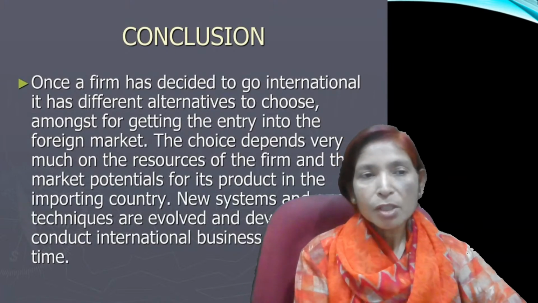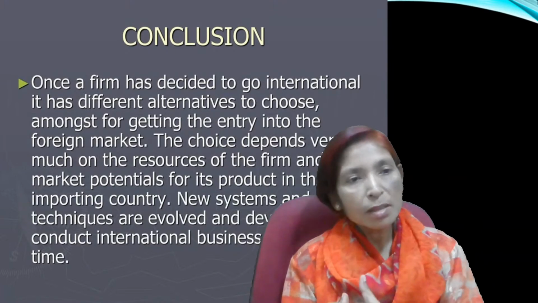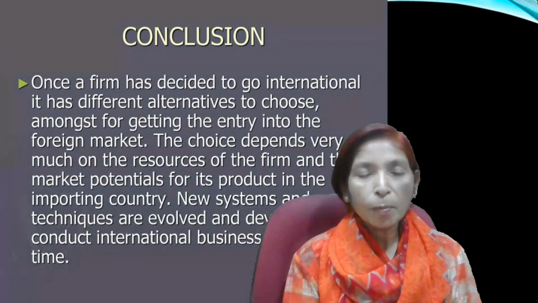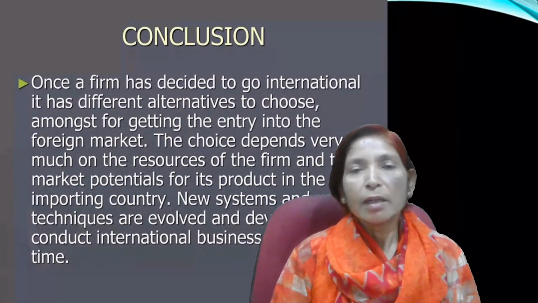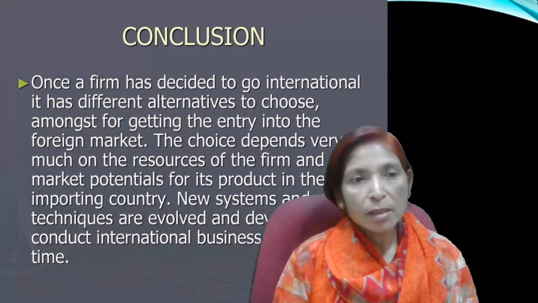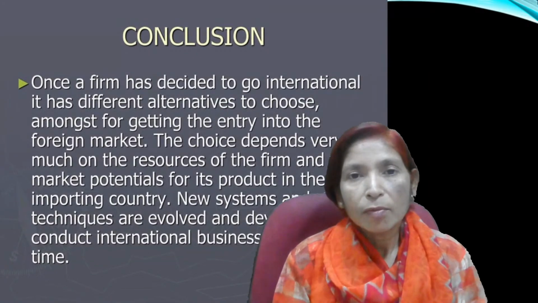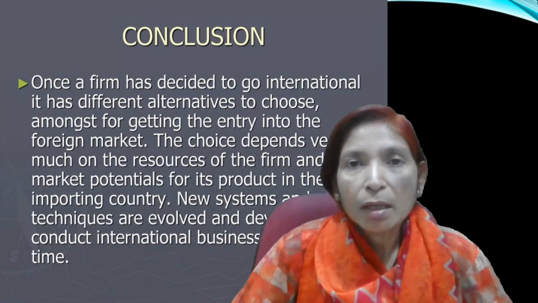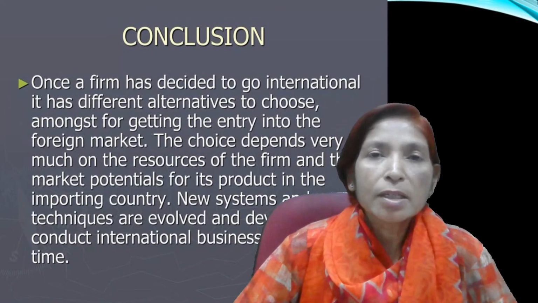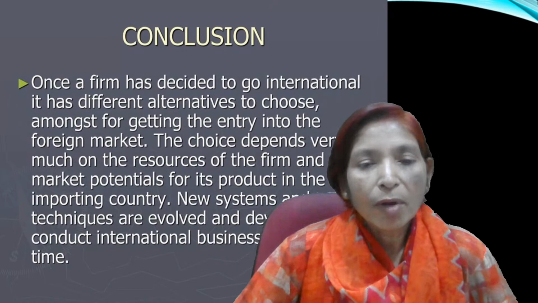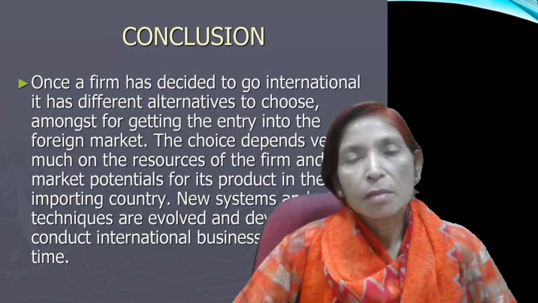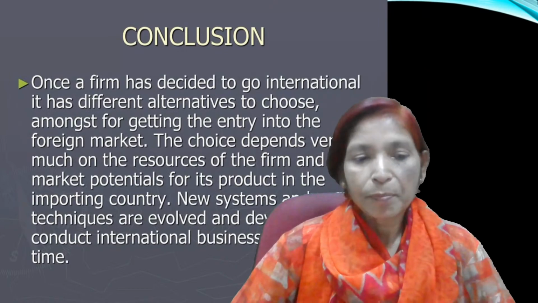So, in this session, we have completed all these topics, and I hope that you can understand this international business management, how a firm can do better in the international market, and how a firm can get more advantages while doing international business operations. Thank you.